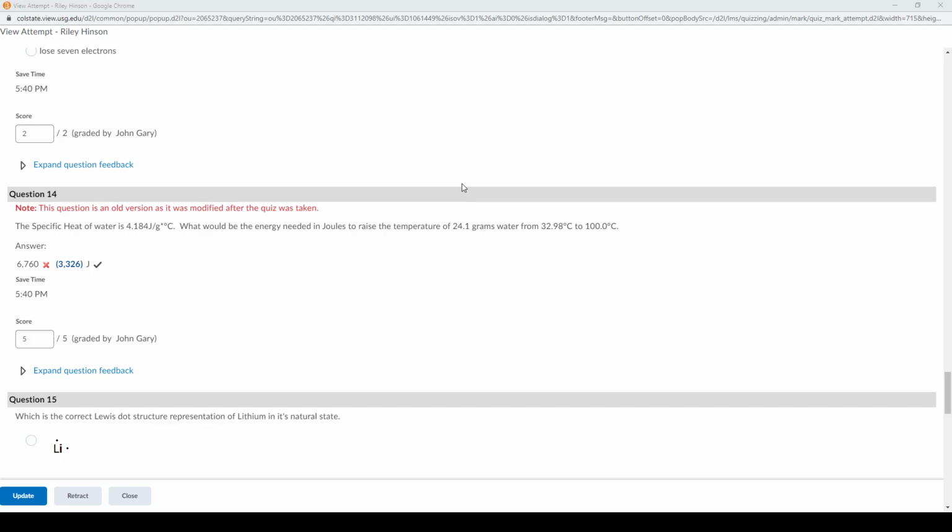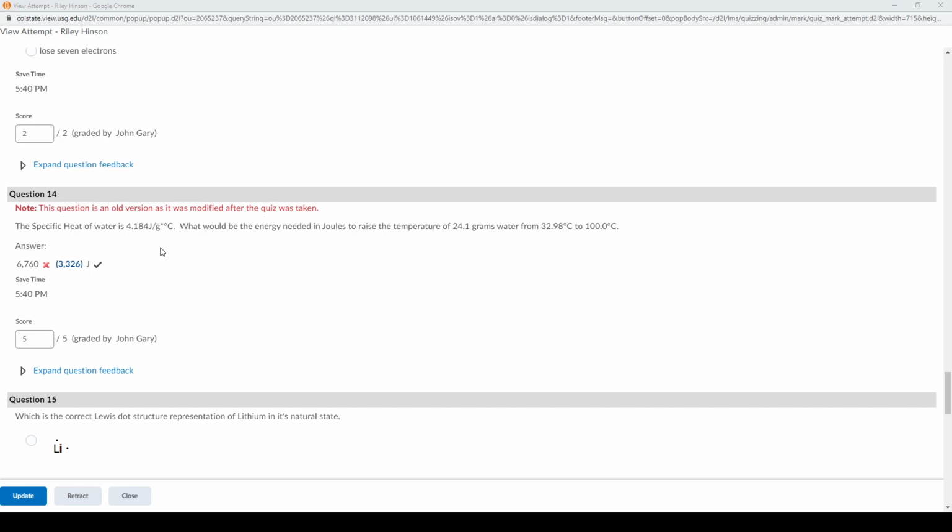So specific heat equals heat divided by... let me write this down. 4.184 joules per gram Celsius equals the heat over the delta T, change in temperature, and the mass.